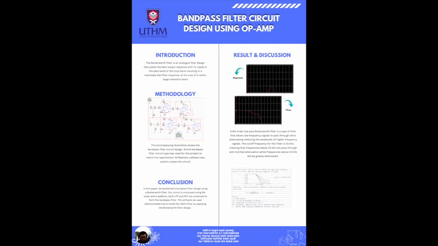Okay, so today I'm going to explain my part and Fakurazi's part, which is the methodology part. I'm going to explain about this circuit that we are making using Multisim. We are choosing the Butterworth filter to match the requirement of this project, including the low pass and the high pass.